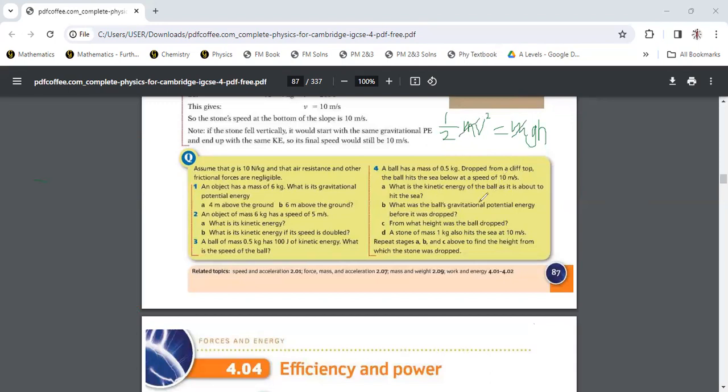No matter how heavy or how light your object is, the height that it falls is dependent on your speed and, of course, our planet's gravitational field strength too. So we can actually conclude here that v squared is equal to 2gh. So your height is equivalent to v squared over 2g.